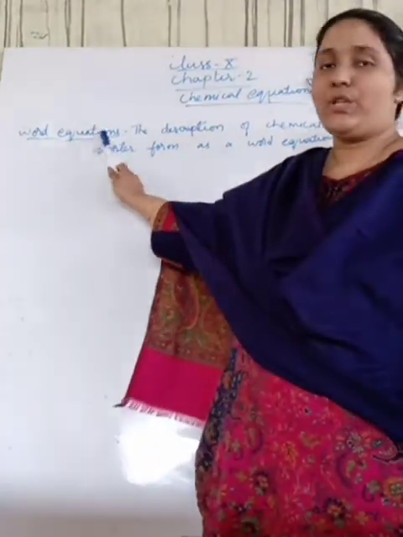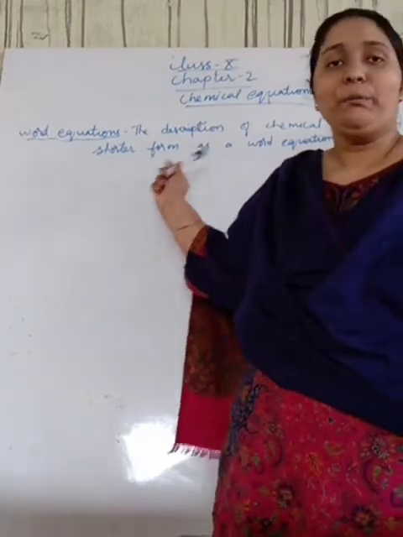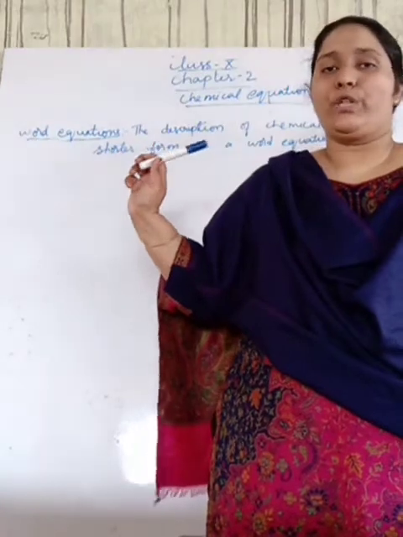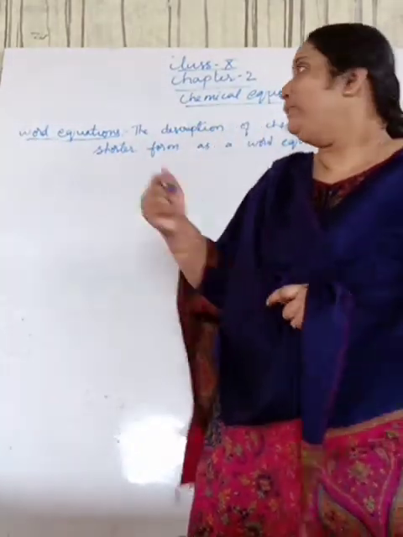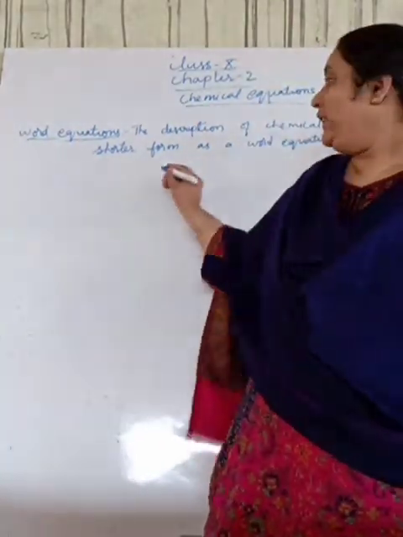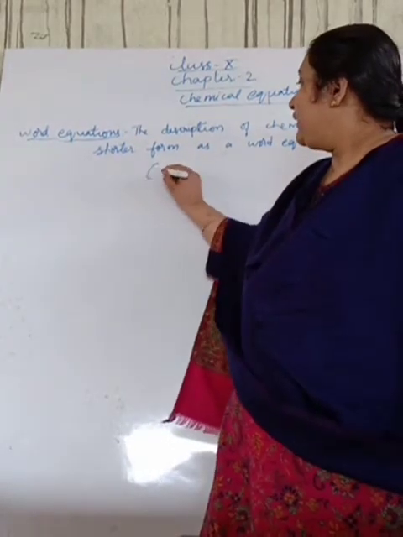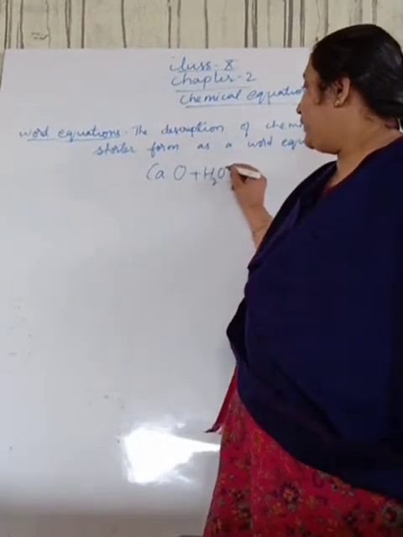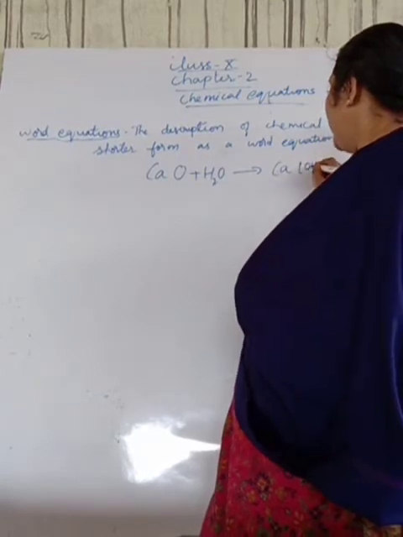What is a word equation, students? The description of a chemical reaction in a shorter form. Any chemical reaction description in a shorter form is nothing but a word equation, or we can call it a chemical equation. Now see, students, last class in activity 1, what happened? Calcium oxide reacts with water to give calcium hydroxide solution.